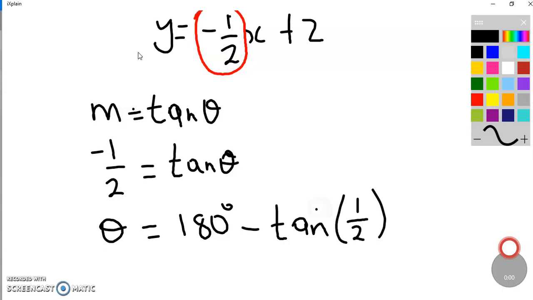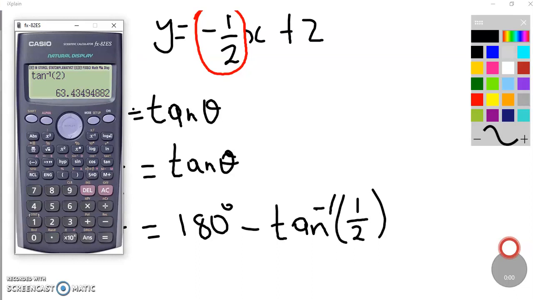Then using a calculator, say 180 minus arctan, press shift, then tan to write arctan, then of half, which is 1 over 2.